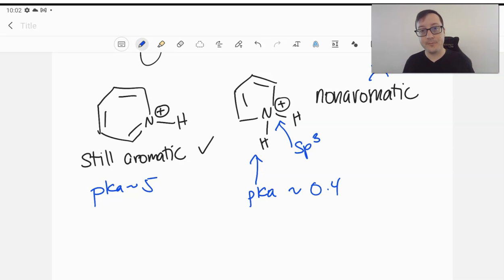So there's a lot of ramifications for aromaticity because molecules will always try and get it if they can. And so kind of in summary of this section, molecules will do what they can to be aromatic. They will try to prevent becoming either non-aromatic or anti-aromatic. Anti-aromatic is the worst situation that a molecule can be in.